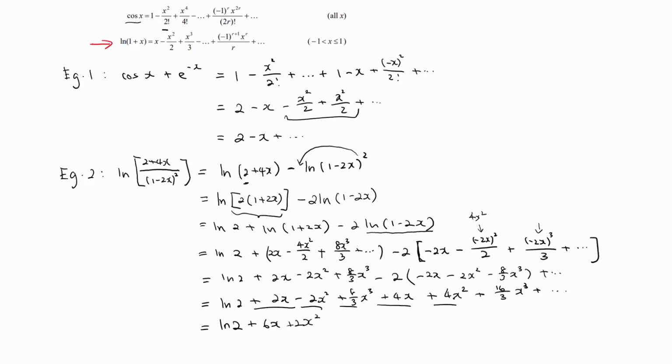And then we have this one and this one, so that will be 8 plus 16, 24 divided by 3, so that gives us 8 again, times x cubed. And not to forget the plus dot dot dot. All right, so there you go. That is the expansion for this one.